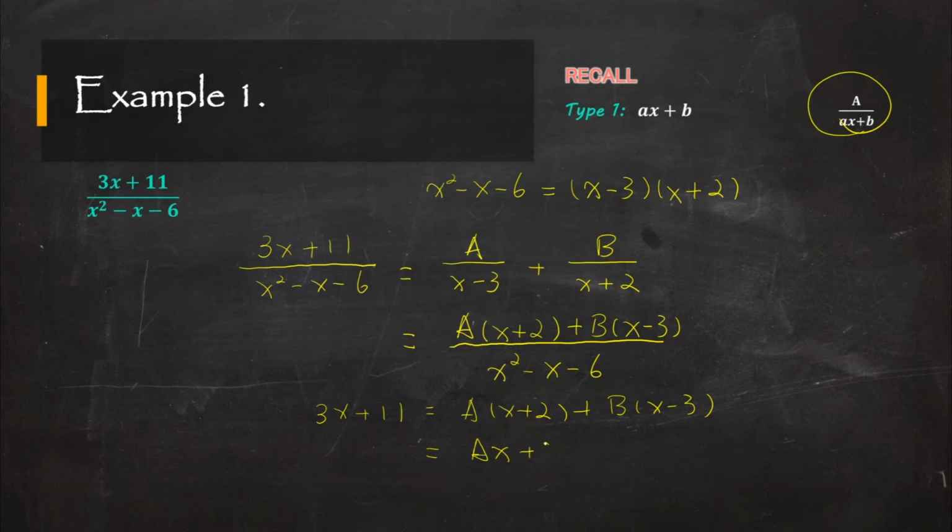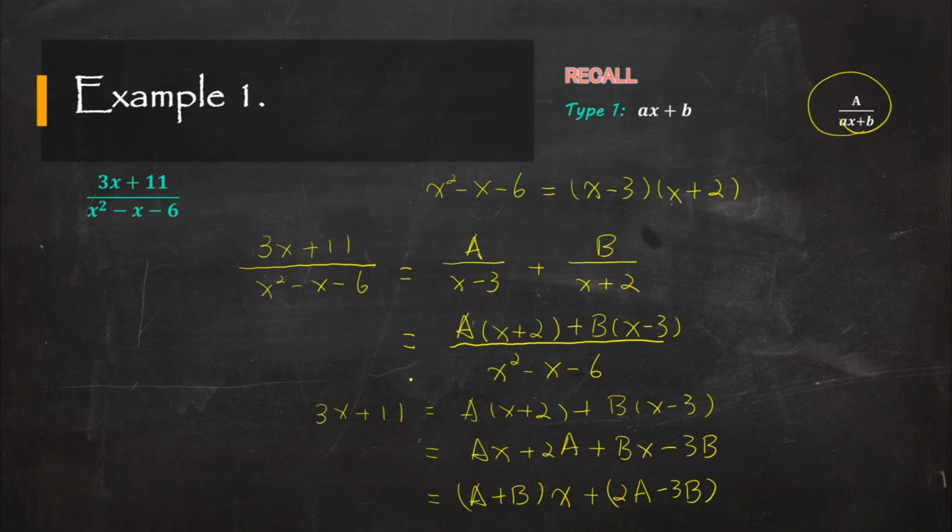So here is ax plus 2a, here is bx minus 3b. So here, still try to simplify it. Combine all the coefficients. So the coefficient of x is a plus b. And the constant is going to be 2a minus 3b.